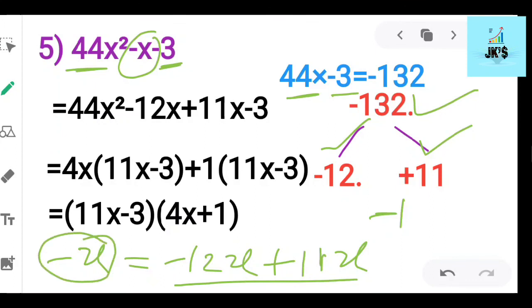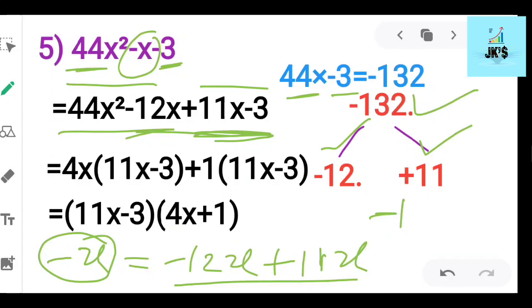So we only write it in this form, minus 12x plus 11x, without changing its actual value. So the first two terms are 44x square minus 12x, and the last two terms are 11x minus 3. Group the first two and the last two.